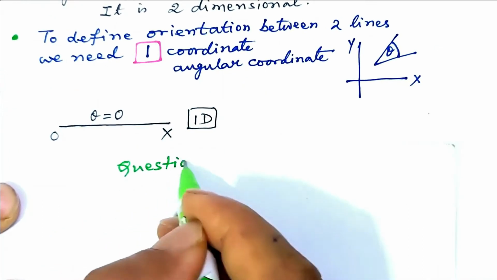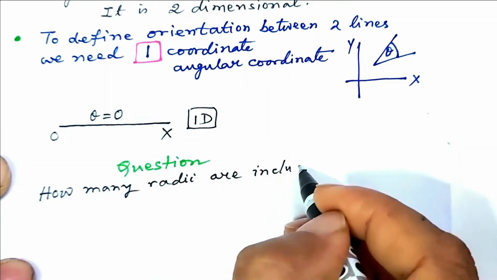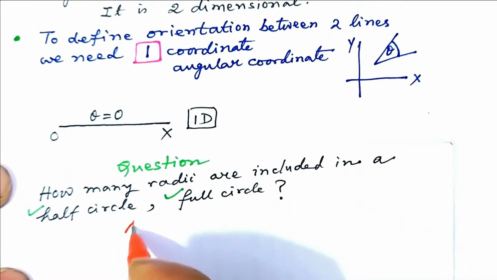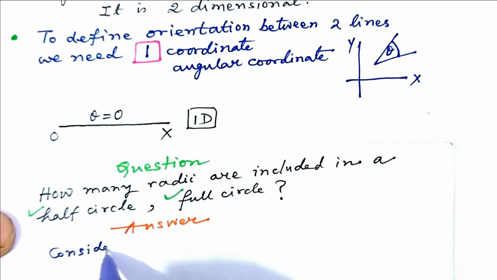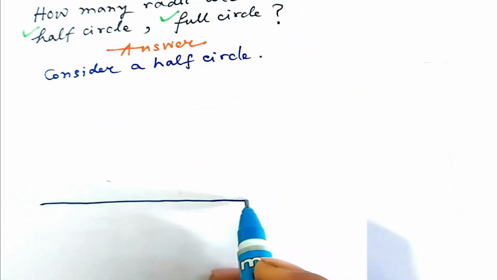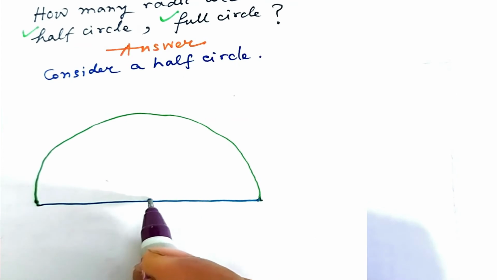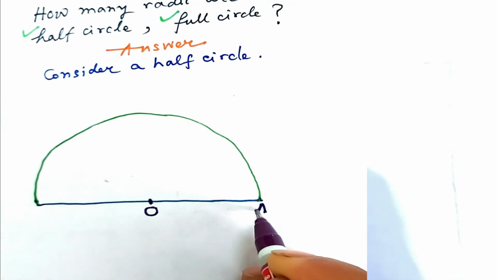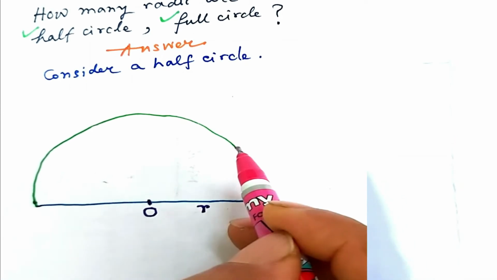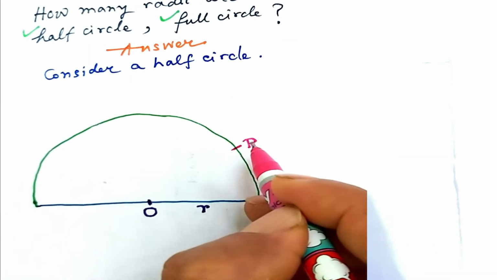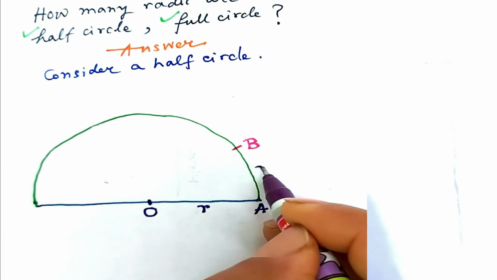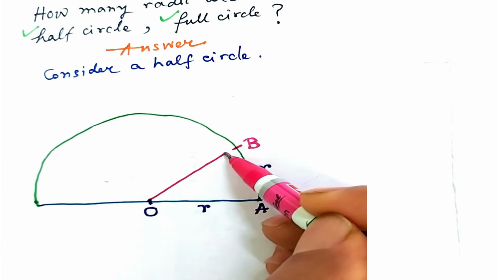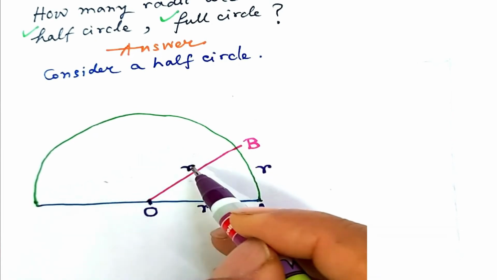A question: how many radii are included in a half circle and in a full circle? The answer: consider a half circle and let us draw it. This is the center O. This endpoint is A. Radius is R. Let us mark this point as B such that arc length AB is the same as the radius R. Join OB, which is R, the radius.